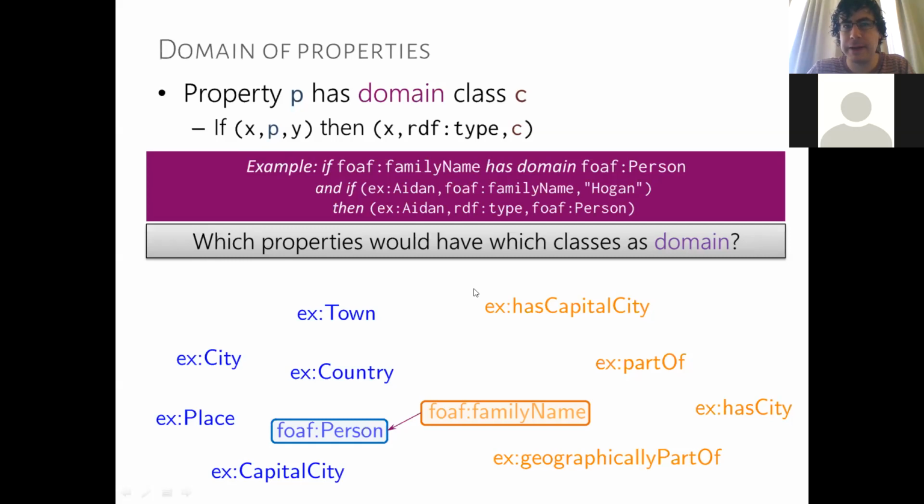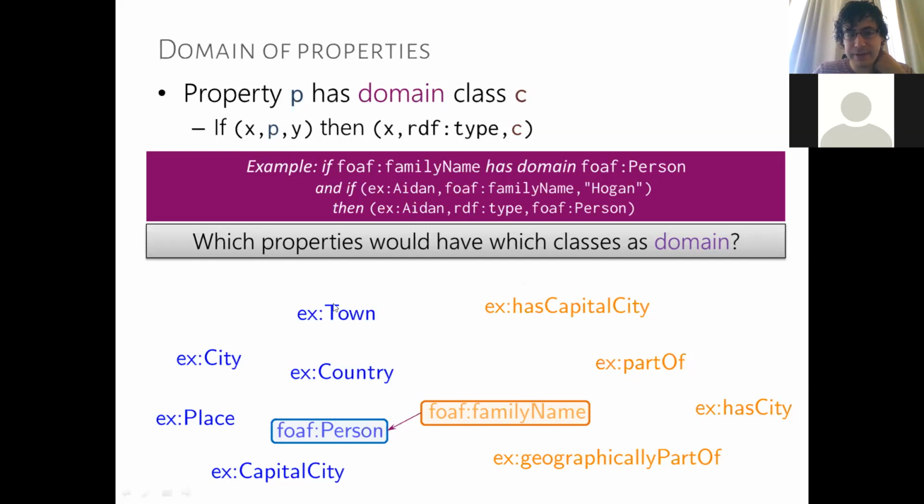So if a resource has the property has capital city defined, what would that make it? We could say that maybe it's a country, but also a capital city could be a state, a county, a region. Okay? So we don't want to imply that every resource that has a capital city is a country. So this is maybe an arguable definition, but probably we don't want to include it because then we can only use this property on things that are countries.